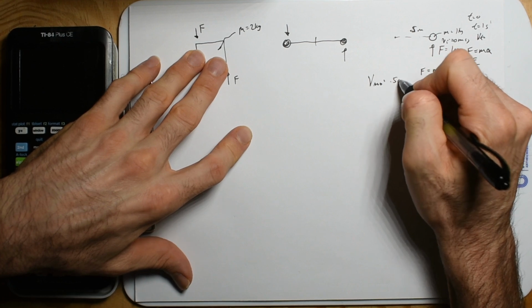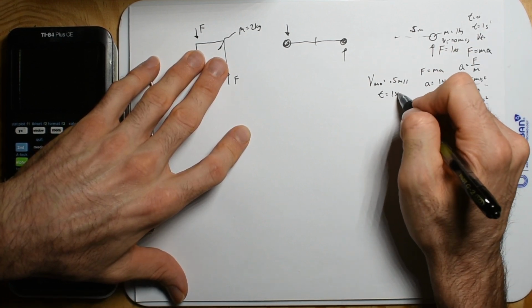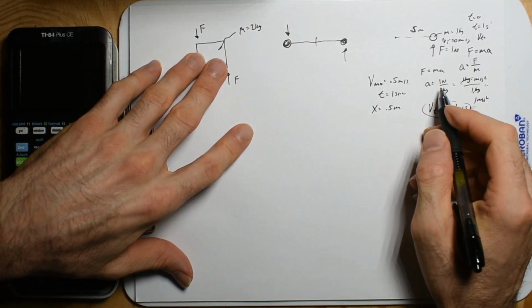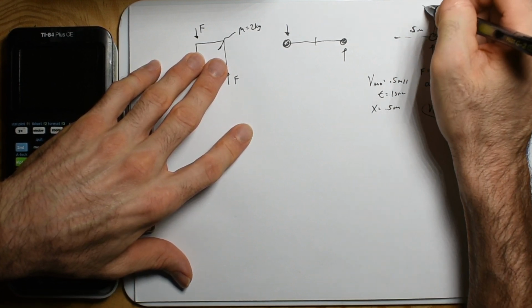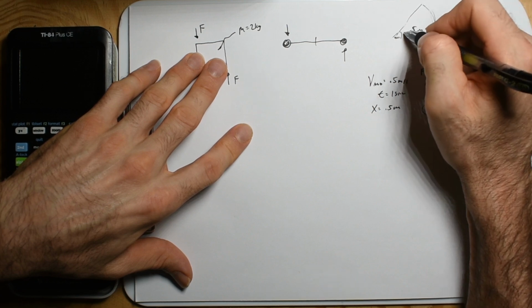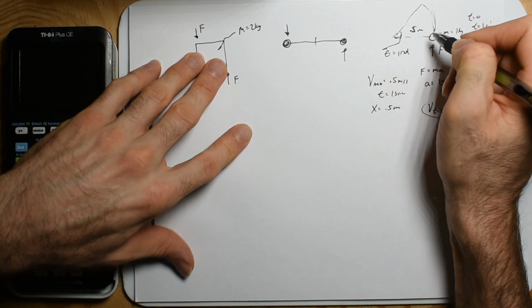Therefore, average velocity is 0.5 meters per second, and we went for a time of 1 second. So our distance traveled is 0.5 meters. We know in this case that if we go 0.5 meters, it's going to be 1 radian. So we're going to have an angle of 1 radian.